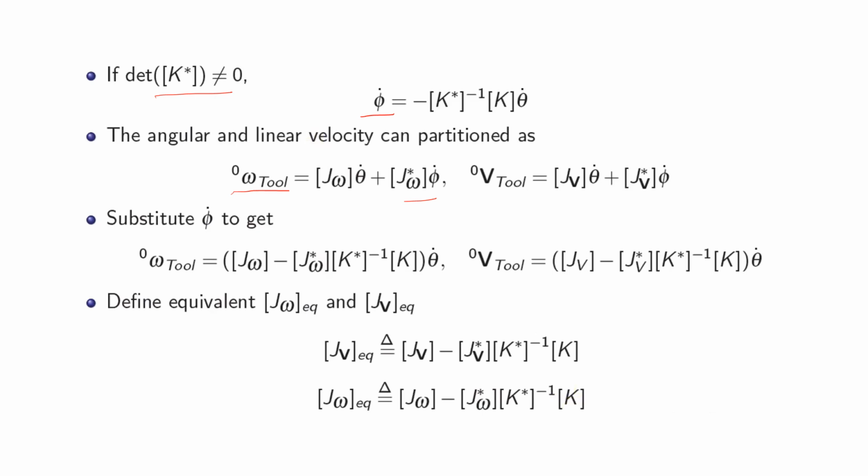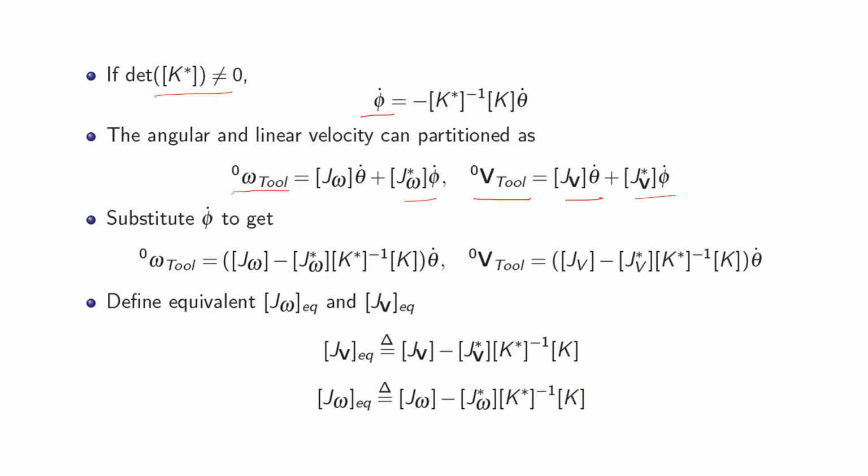Similarly, the linear velocity of the tool or the chosen point on the platform or on the chosen output link can be written as Jv theta dot plus Jv star pi dot. Once we have this, we can substitute pi dot in these two equations.